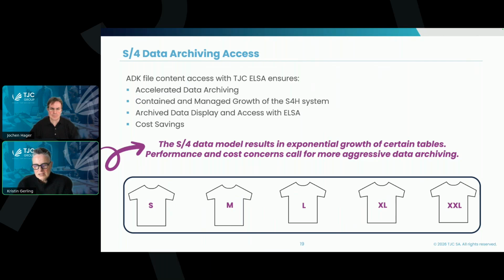The ACDOCA table is one example, and you might be forced into doing accelerated data archiving. Again, the reasons I mentioned for the last use case apply here as well. Not all your archive data is necessarily easily accessible from your S4 system. And again, depending if you are a heavy Fiori adopter, then that might not be there.